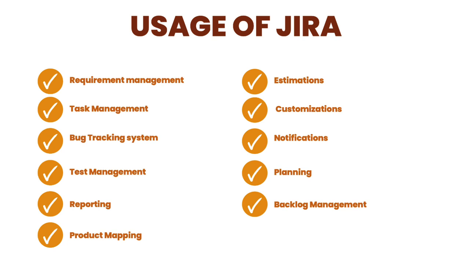Backlog management. Jira offers features to manage and prioritize the product backlog, ensuring that the team focuses on high-value tasks. Capacity and resource planning. Jira assists in managing team capabilities and resources so that optimal allocation is done within tasks and projects.